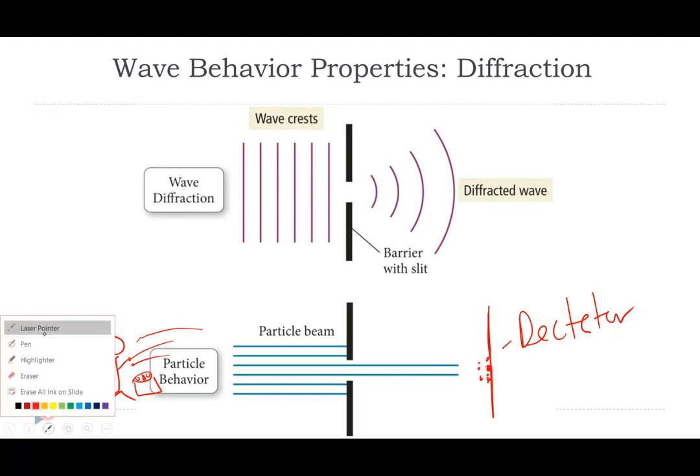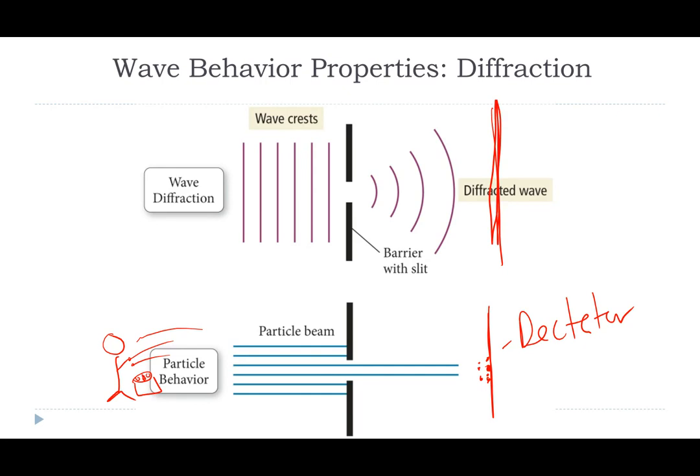This is very different than a diffracted wave. So let's say I have that same detector right here for my wave. As this wave moves to the detector, we're going to see a series of places where that wave hits. It's not just going to hit in one central area. It's going to hit all along that detector.